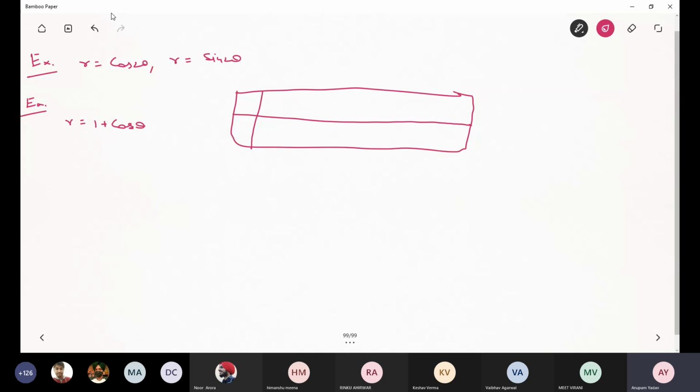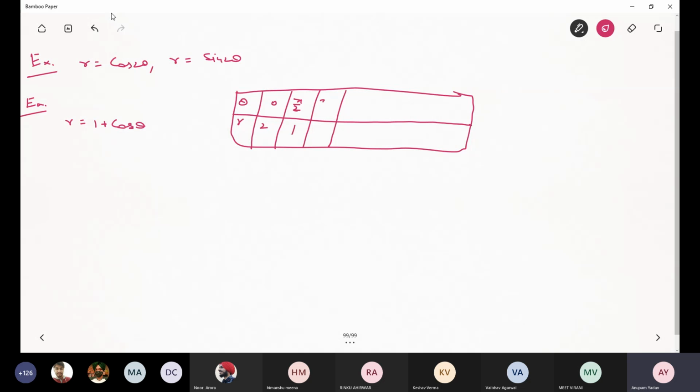So this is theta, this is r. At theta equal to 0, r is 2. At theta equal to pi by 2, r is 1.